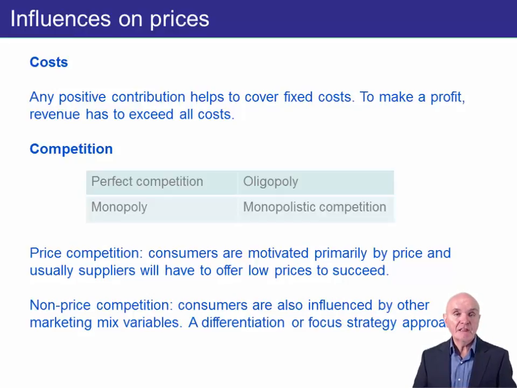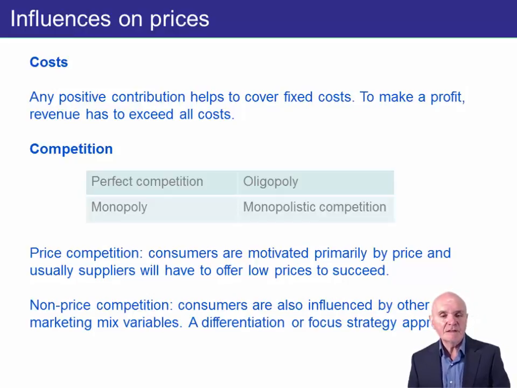And if they're not careful, they simply end up with all the suppliers charging a bit less and all losing out on revenue. If one tries to put the price up, then the other ones can sit still and they don't have to follow. So nobody really wants to rock the boat very much. They tend not to put prices up or down very much, because there are dangers in doing that.